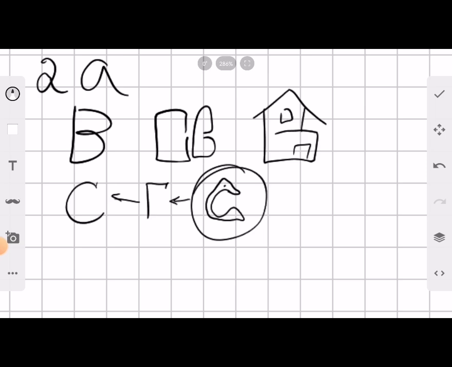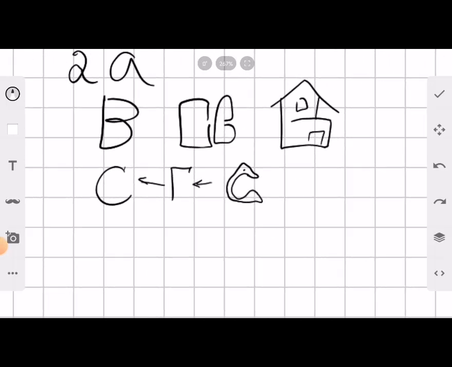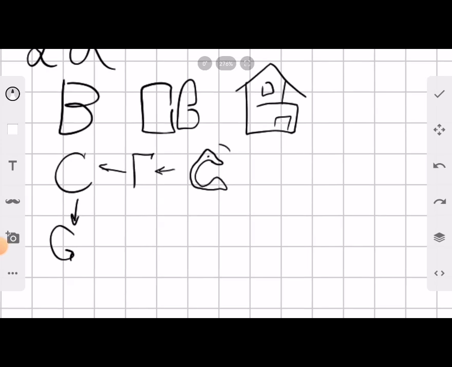So the letter C and the letter G, unfortunately too, is a variant of C and of gamma. So it should be also some kind of this thing, but I guess there was another possible source for the letter gamma.